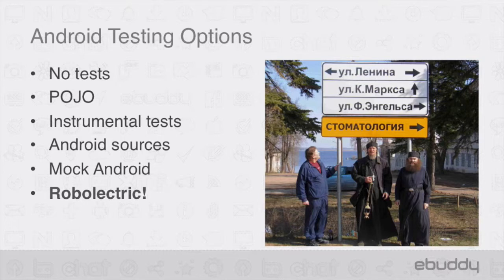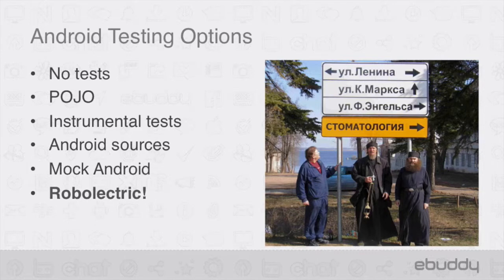And the last one, and my favorite, is Robolectric. Quick question. When you talk about the instrumental test, I guess you mean the official Android tests. Yeah. And where did you locate tools like Robolectric? There as well? Robolectric was not invented, I think, for unit tests, so it's more of a functional, integration test.